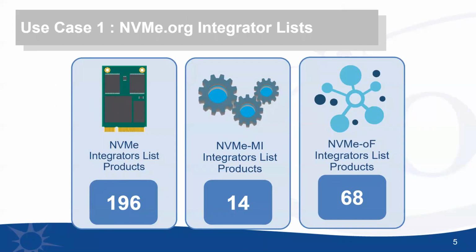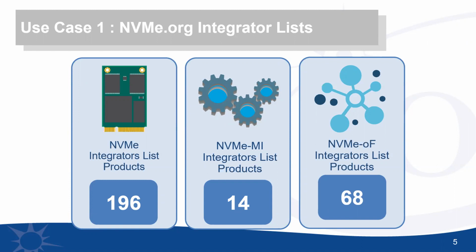And if you were to take a look at the integrators list today, you'd see from this slide that you've got quite a number of devices on the 3 different kinds of integrators lists that are present. You've got the NVMe PCI integrators list with 196 actual listings. You have the NVMe MI, which is management interface, with 14.